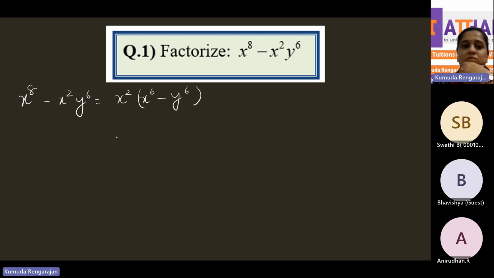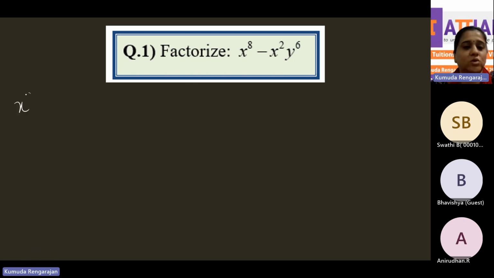X squared into x to the power 6 is x power 8. And x squared into y to the power 6 is x squared y to the power 6. Correct?